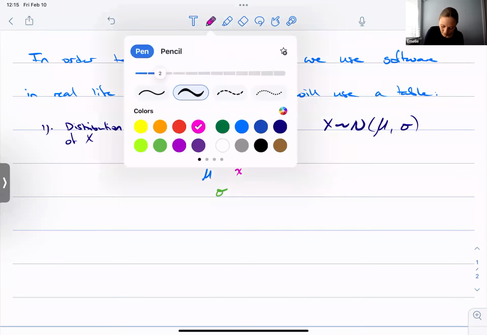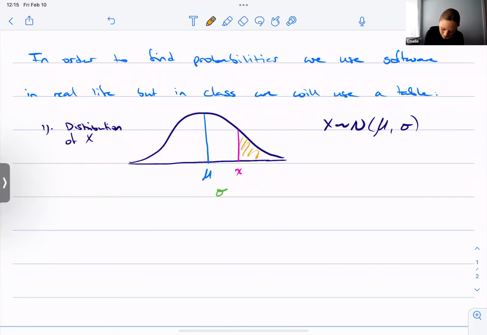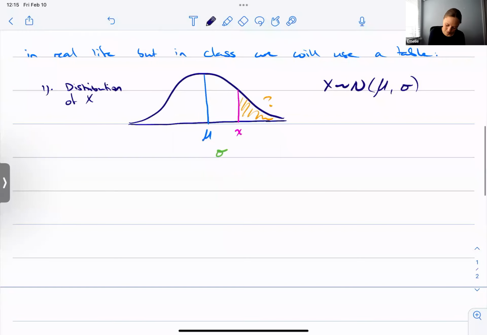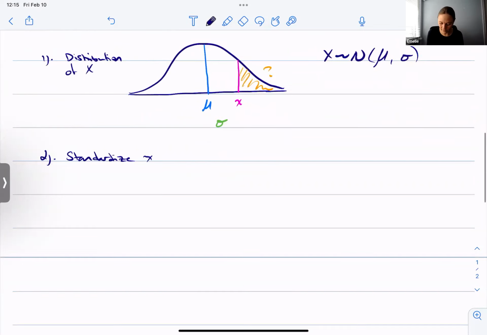For example, the probability of being greater than X. The next step is I standardize X by using Z equals X minus mu over sigma.